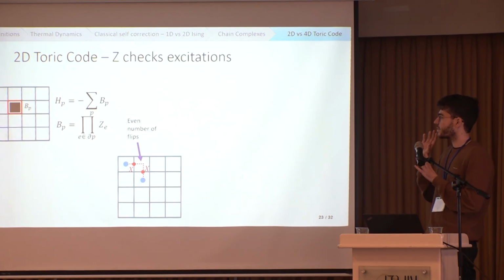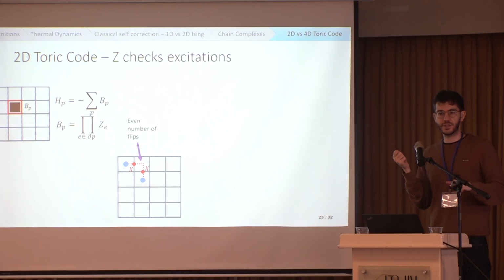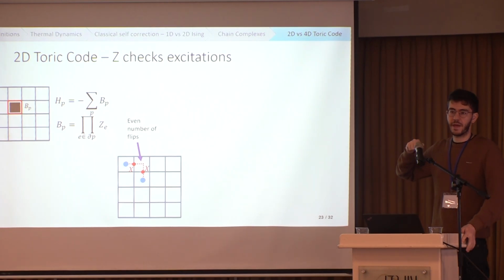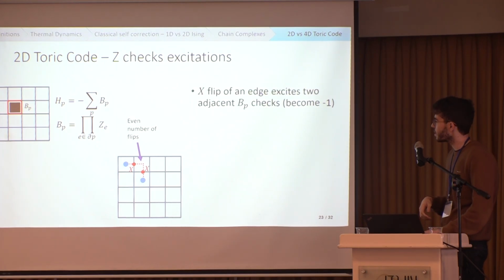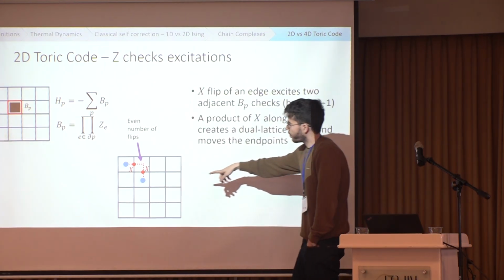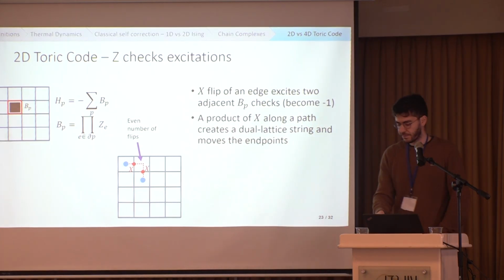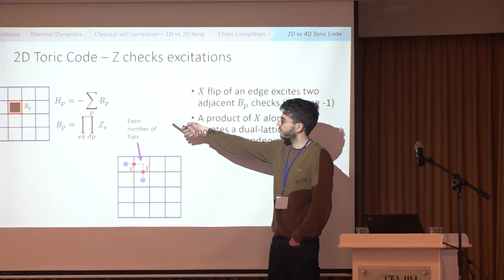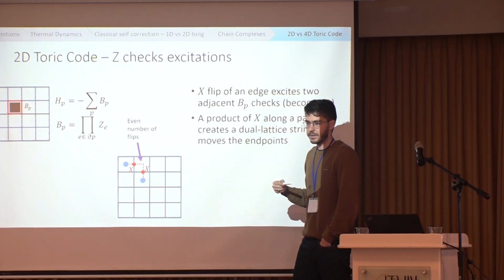So let's just focus on the Z-check excitations, which means what happens when some Pauli X is performed on the system. If we act here with X and here with X, we have only two violations of the V term, here and here. Why is this not violated?